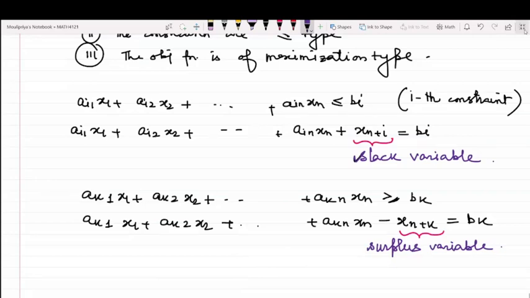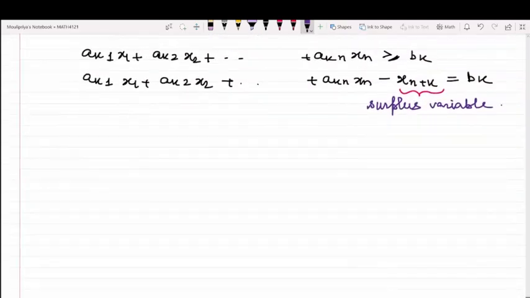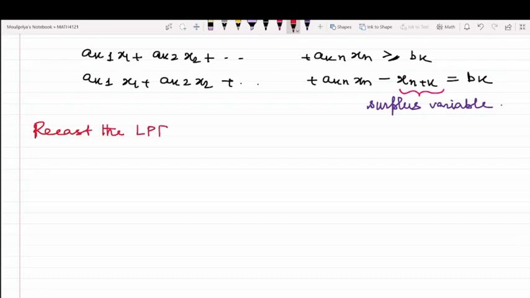Now, in order that a problem is solvable using the simplex algorithm, certain rules have to be followed. What are they? The first thing that you need to do is recast the LPP so that the given LPP is solvable using the method of simplex algorithm. Now, how do we recast it?